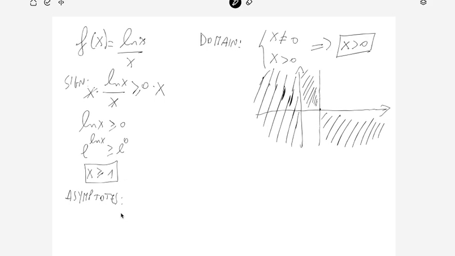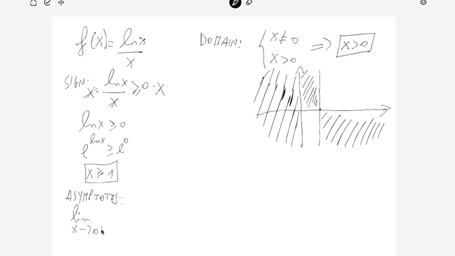In order to study asymptotes, the behavior at the limit, we have to understand which are the limits where we have to study this behavior. The limits are given by the domain. So x greater than 0, this means that we have to study the limit when x converges to 0.